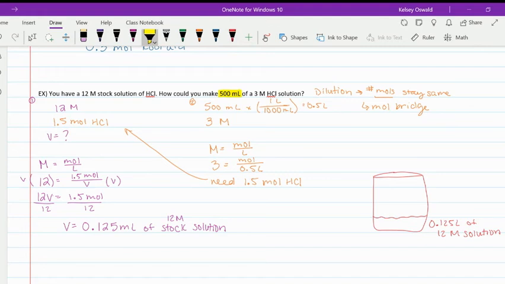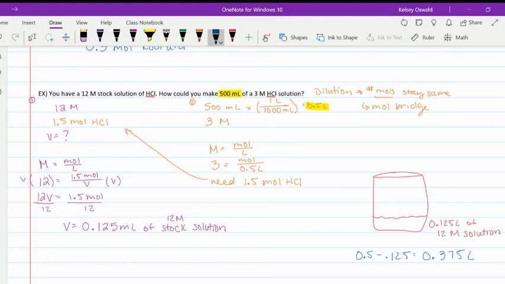So right now in my beaker, I've only added 0.125 liters. I want to reach a total volume of 0.5. So at the moment, I am missing 0.375 liters.